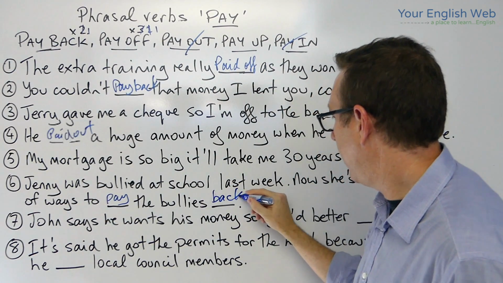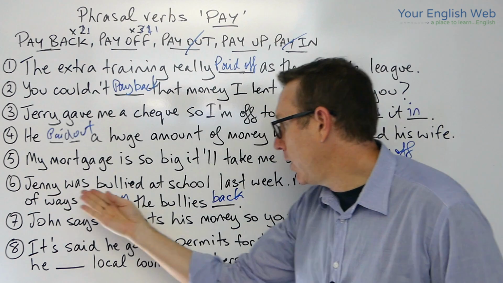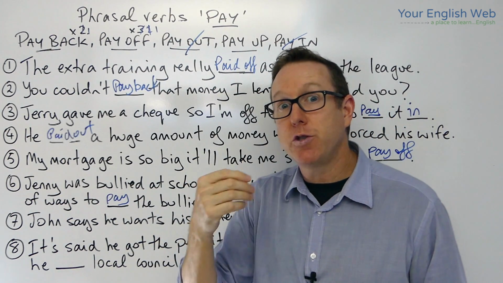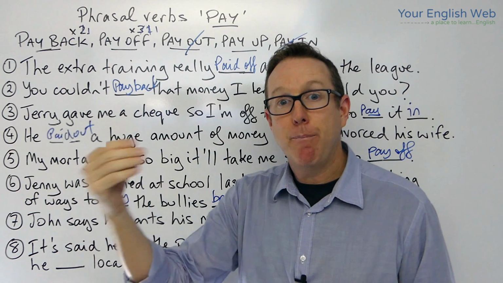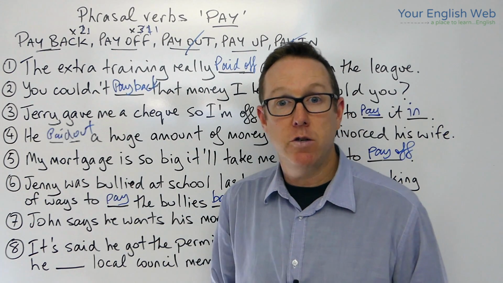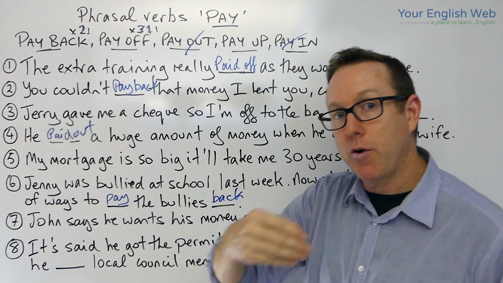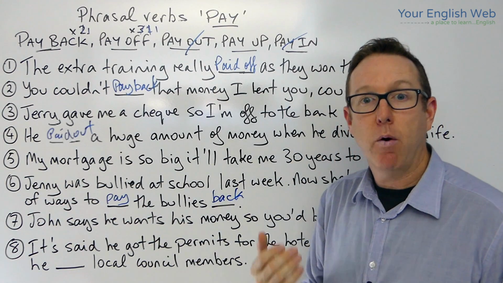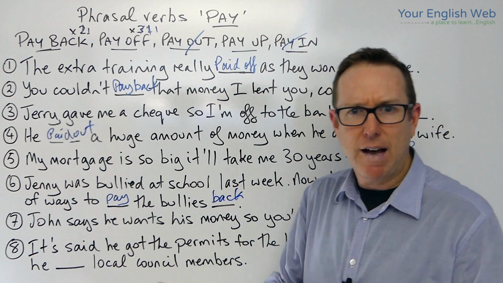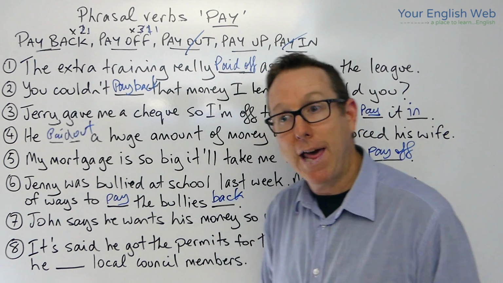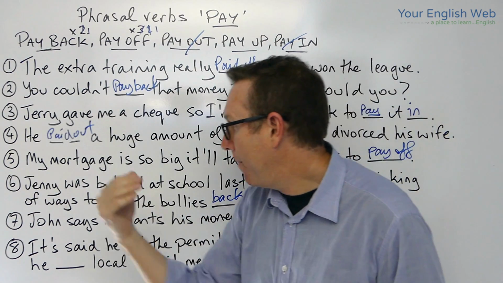So she was bullied at school last week. She's thinking of ways to pay them back, to get revenge for the bullying. Okay, she wasn't happy. She wants to make sure that the other children are also suffering, or she wants them to suffer a little bit for making her feel bad. She wants to pay them back.